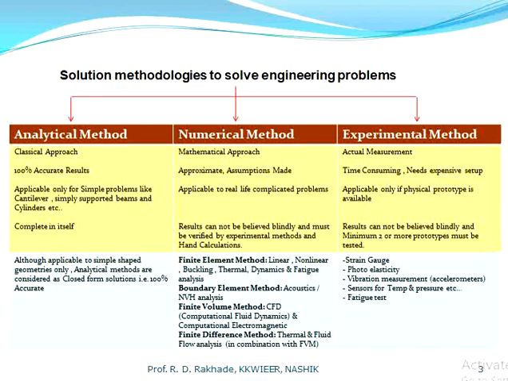Second method is experimental method, and it is used for actual measurement of physical quantity such as vibration by FFT, principal stresses and strain, or some strain gauge rheostat method.